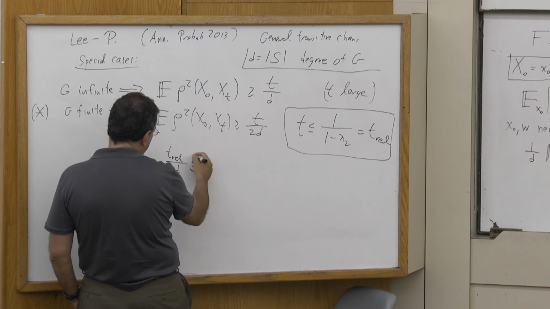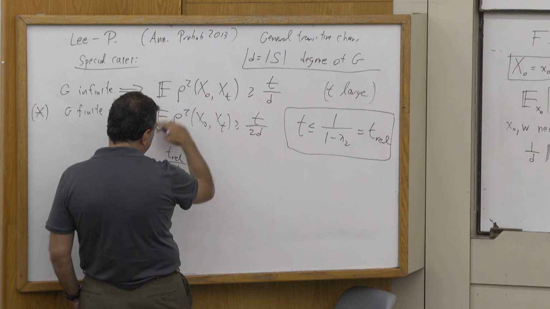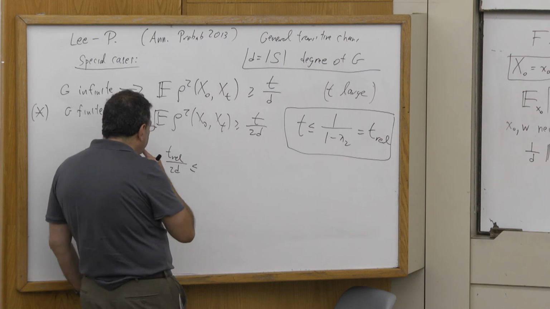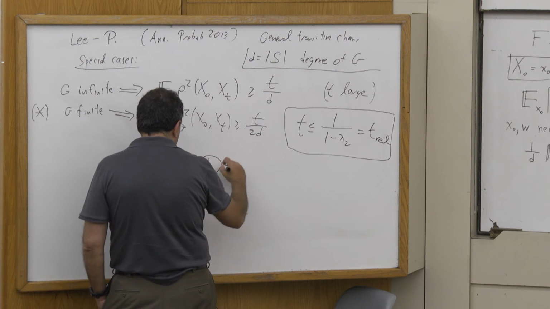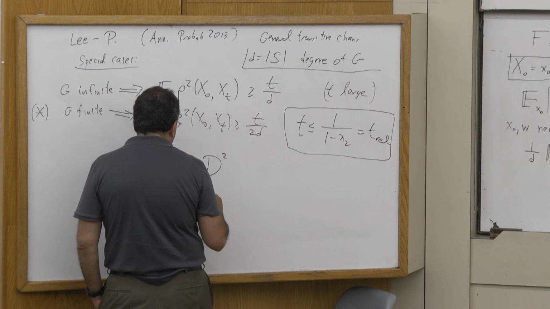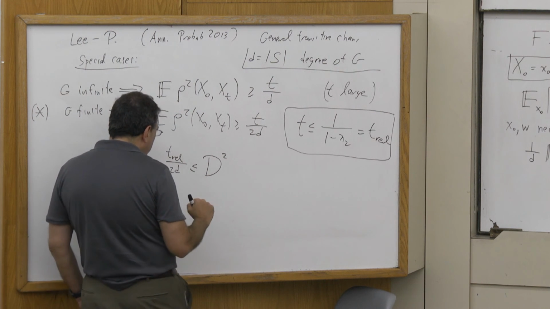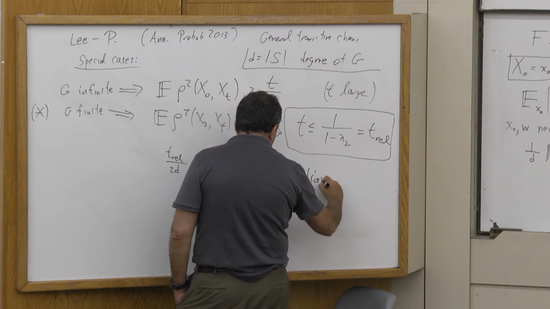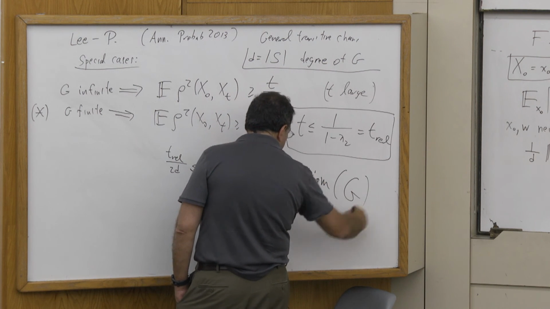So T-rel over 2D is bounded by this. And what can I say about this? This is certainly at most the diameter squared. So I'll write capital D squared.